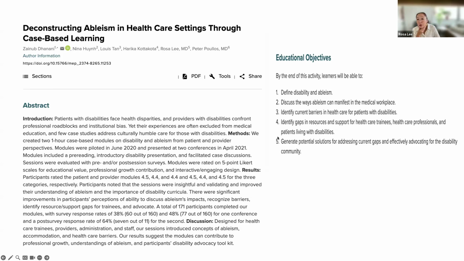And then in terms of their assessment, what they had planned on doing was, at the Kirkpatrick level one, a pre and post survey about their confidence in addressing some of these issues. They also had evaluation pieces where they gave learners the opportunity to rate the actual educational module itself in terms of its perceived value, professional growth contribution, interactivity, and the design of it.